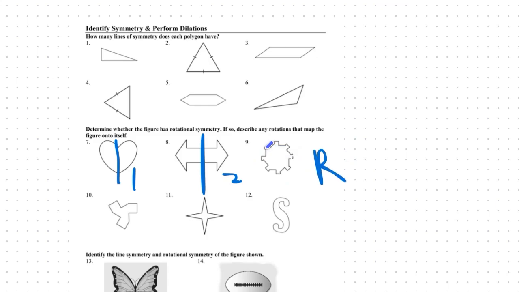R. There is no line of symmetry, but rotational symmetry it has. If you do it like this, the left side does not coincide with the right side. The left side is pointy, and the right side is like a corner. There is no line of symmetry.